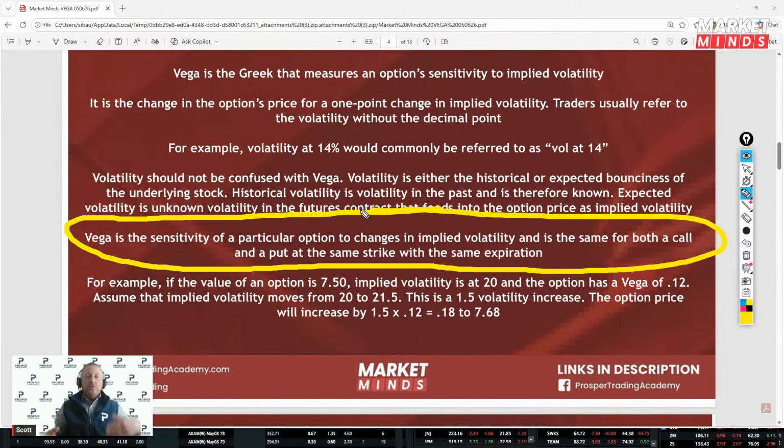We measure long or short Vega by whether we are long or short a particular option. If we own an option, call or put, we are long Vega. If we have sold an option, call or put, we are short Vega. Does that make sense to everybody?